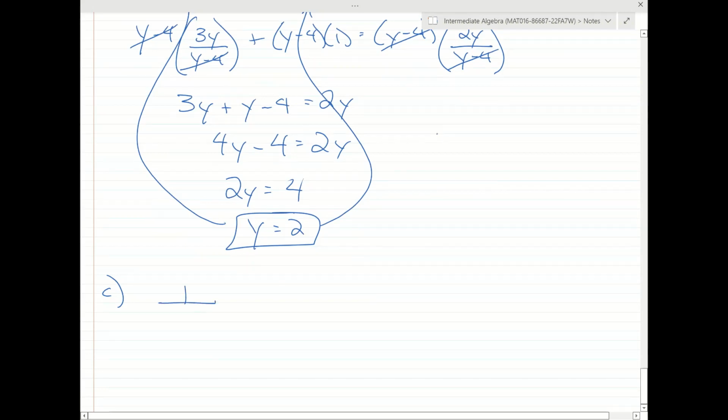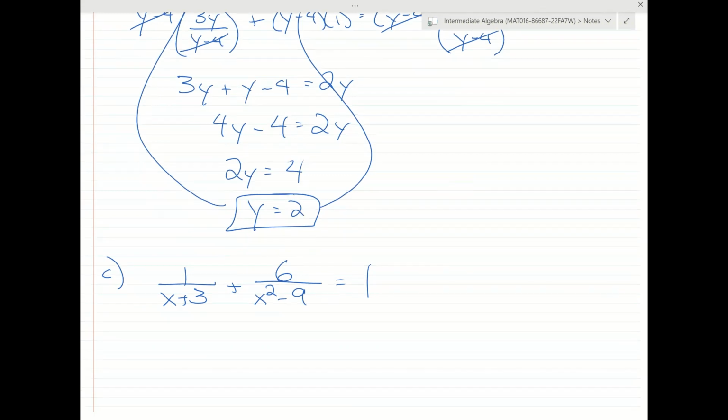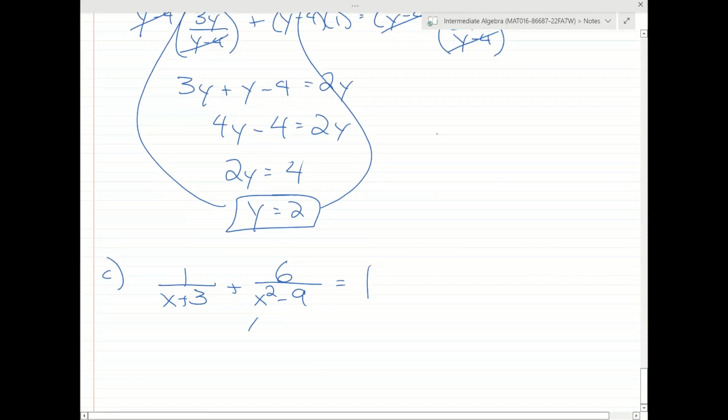How about 1 over x plus 3 plus 6 over x squared minus 9 is equal to 1. We should factor first. This is going to factor to be x plus 3 times x minus 3.